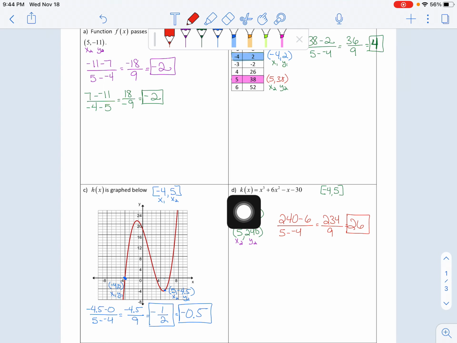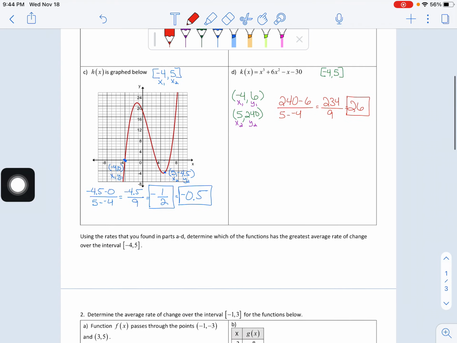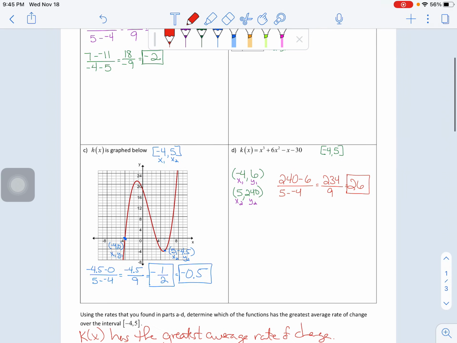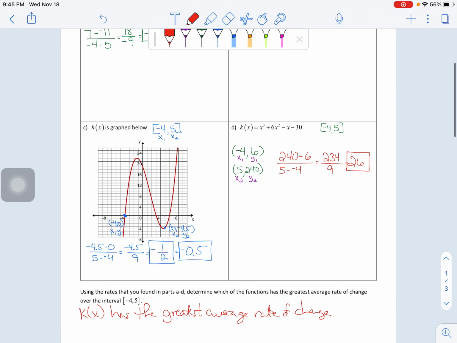So for the answer, you would tell me either part D, or I'd actually prefer the function name: k of x has the greatest average rate of change. All right, so that's how you do problem number 1 and all of its parts.